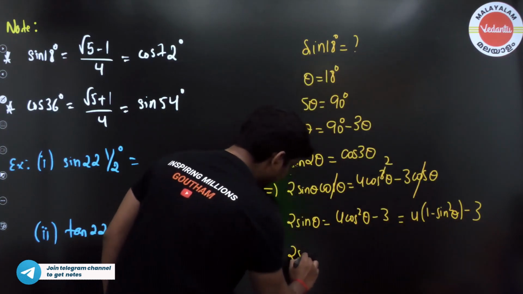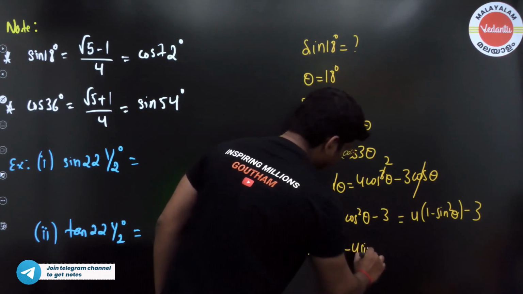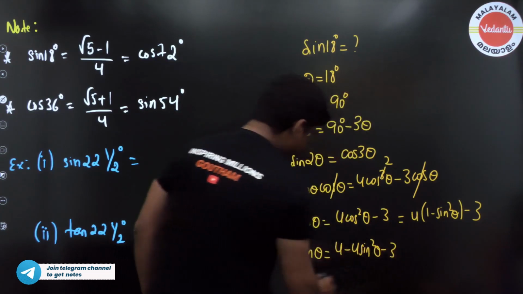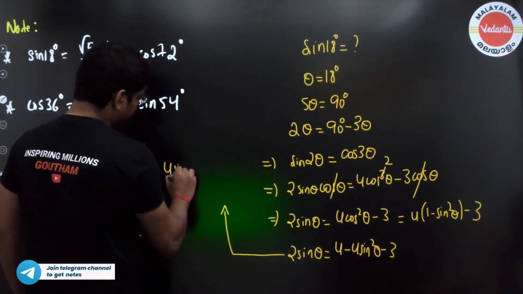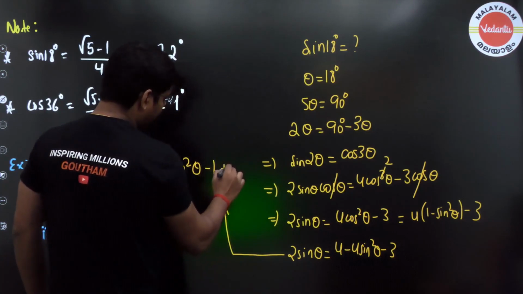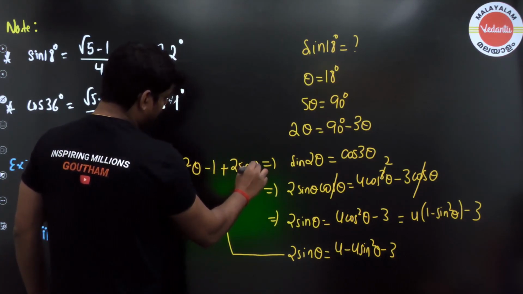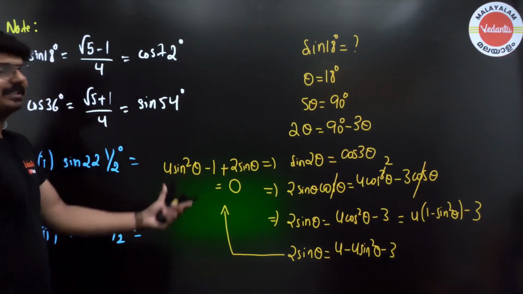So 2 sine theta is going to be how much? 4 minus 4 sine square theta minus 3. So this is what we are going to get here. You're going to get 4 sine square theta plus 2 sine theta minus 1 equal to 0. Now this is a quadratic equation in terms of sine.